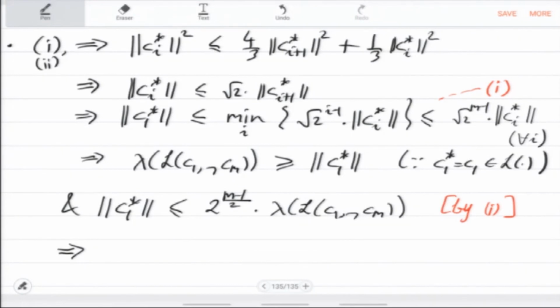Oh, maybe I did not define lambda L. Let me define that also. So lambda L is the shortest length in the lattice.